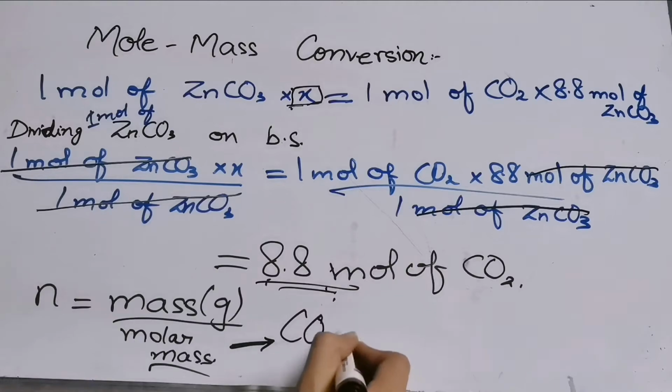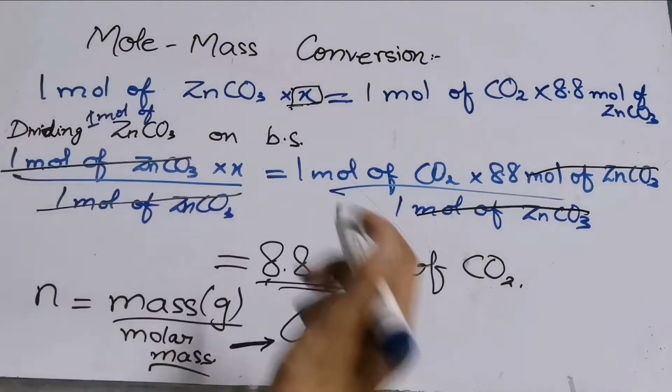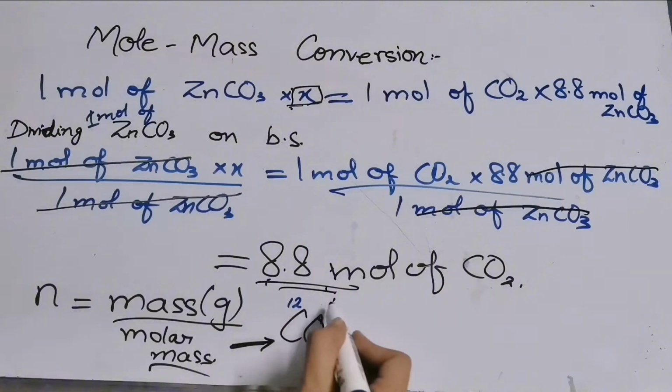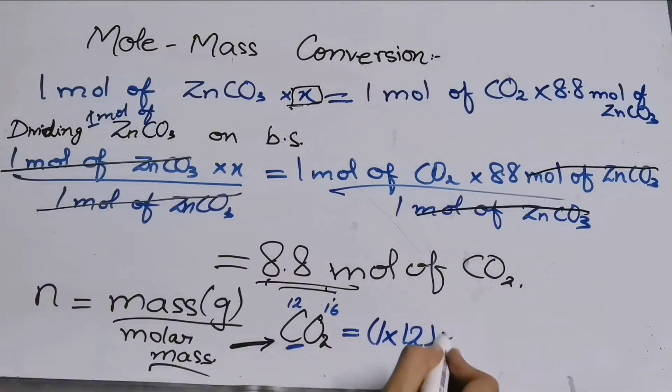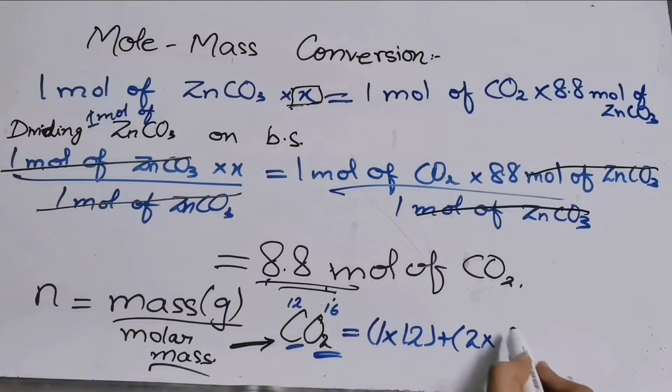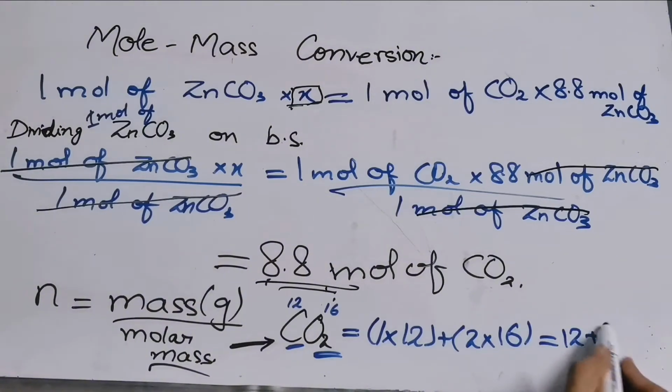We should know the atomic masses: the atomic mass of carbon is 12 and of oxygen is 16. We have 1 carbon, so 1 multiplied by 12, plus 2 oxygens, so 2 multiplied by 16. That gives 12 plus 32, which is 44 gram per mole.